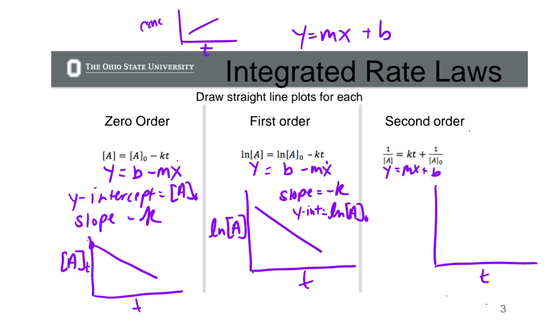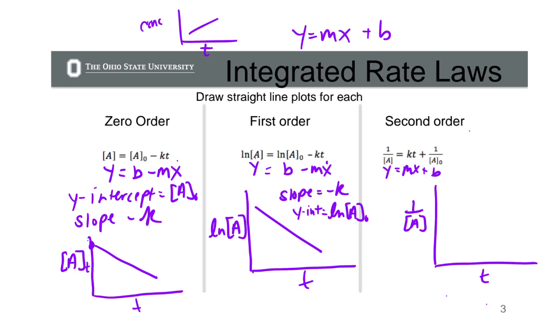Second order is the only order reaction with a positive slope for the integrated rate law. Y is going to be 1 over the concentration at some time. The slope equals k, positive k.